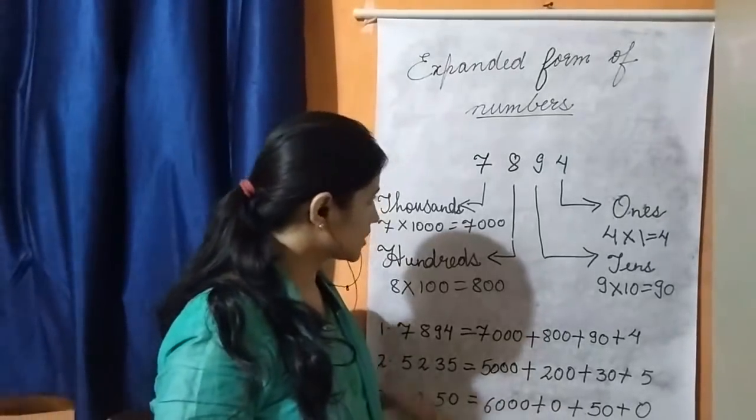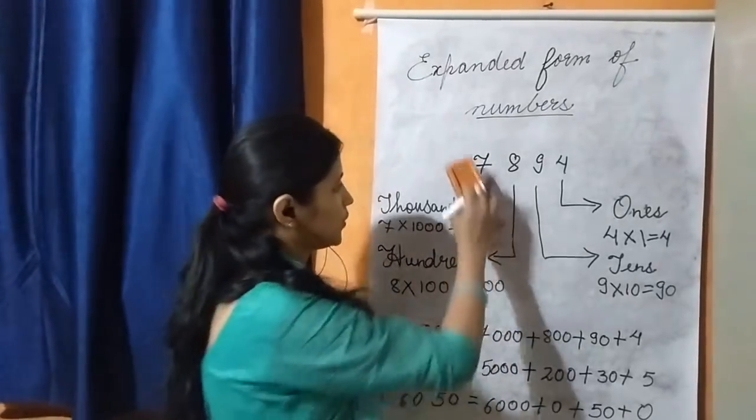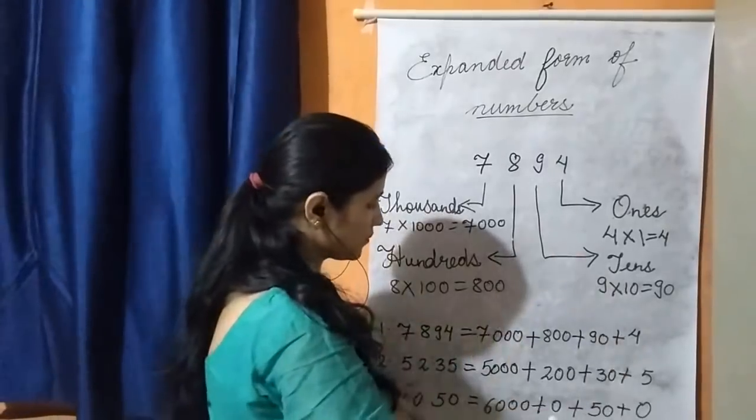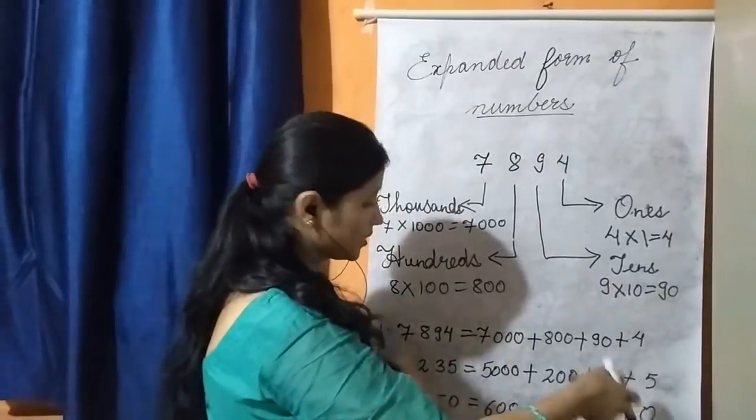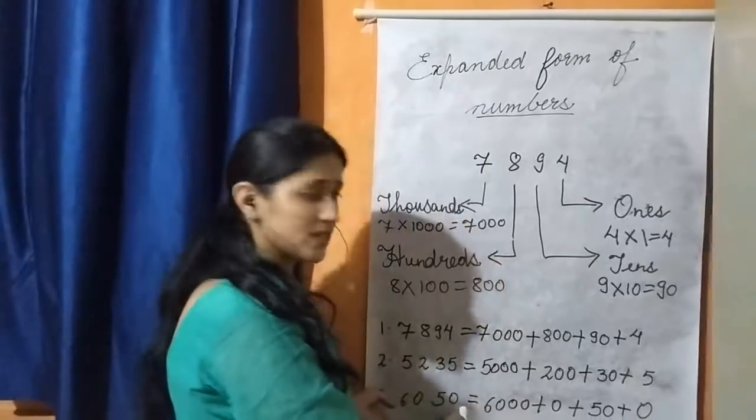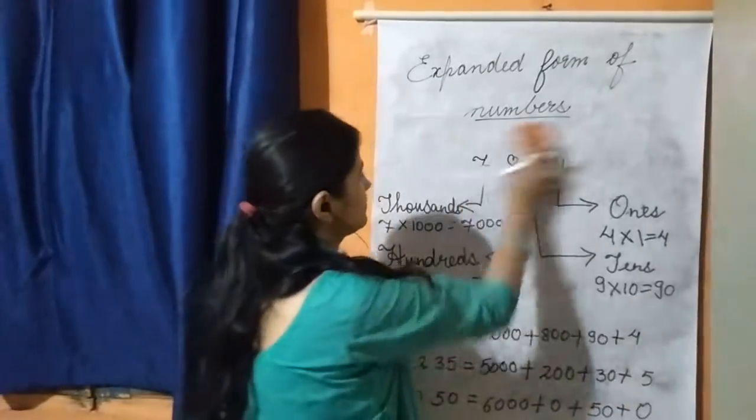I will solve the third one here for you. I will tell you how we have found the place values of this third number, 6050.